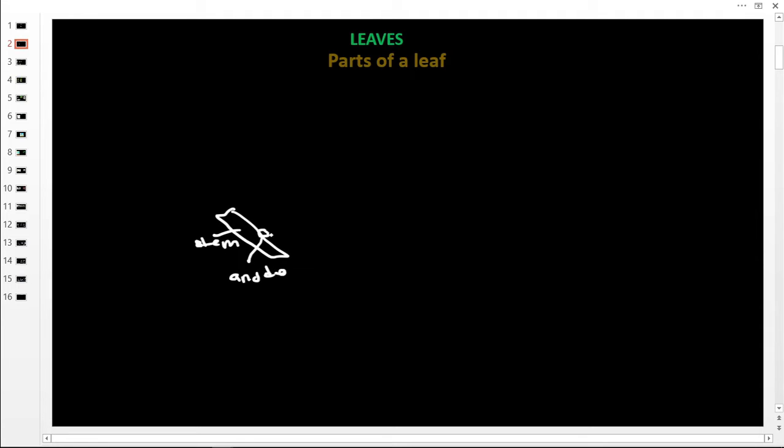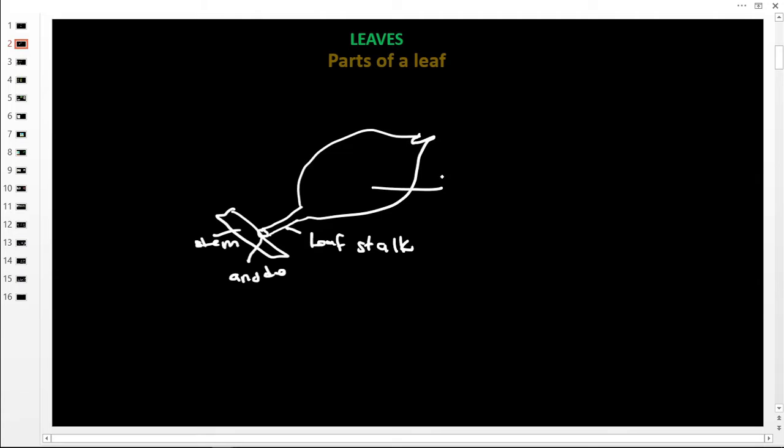Then at the node we are going to have this part here I'm drawing. This one is what we call the leaf stalk. From this leaf stalk we get a large outer part here, the flame. All this one is called the lamina, and if we don't call it the lamina, we can call it the leaf blade.